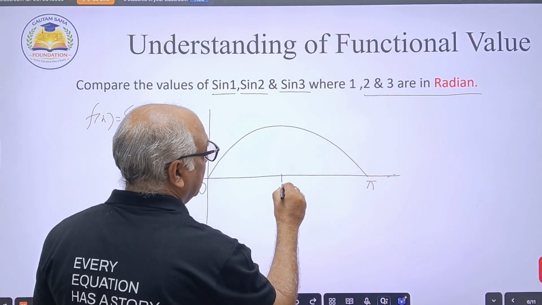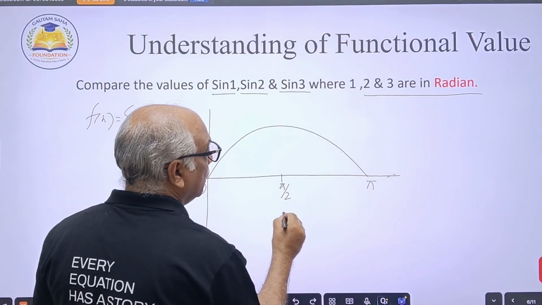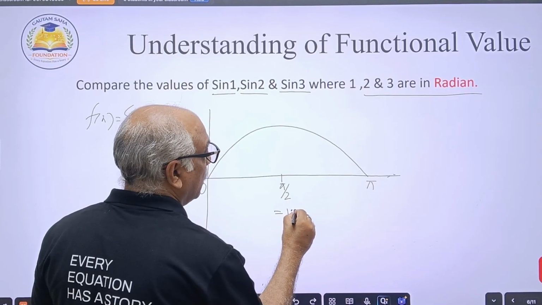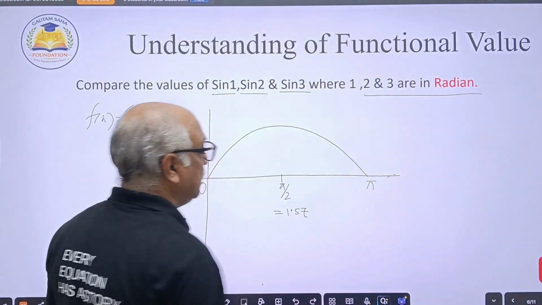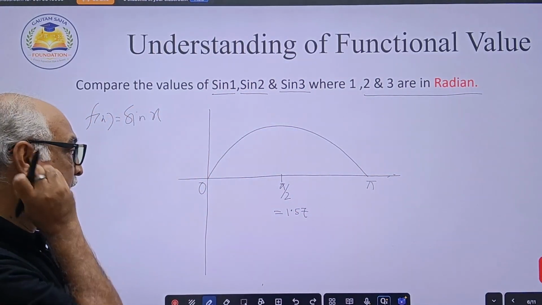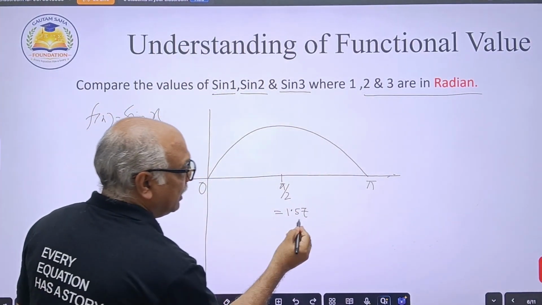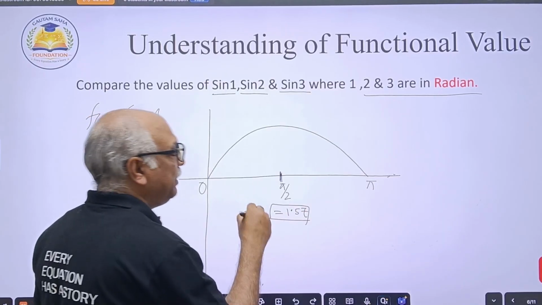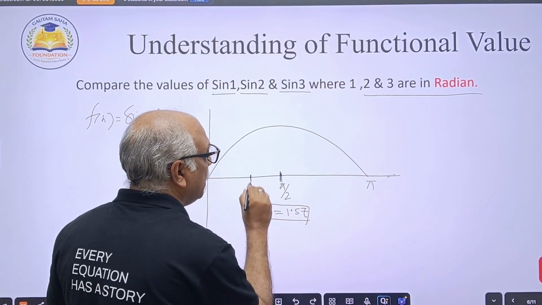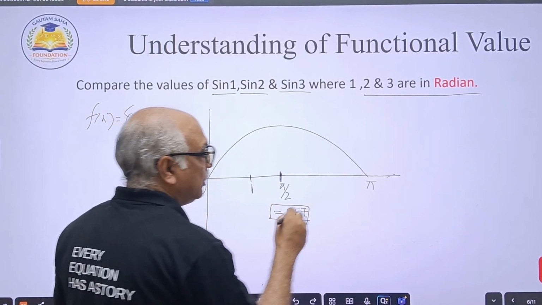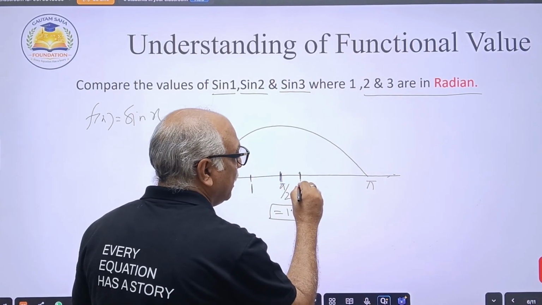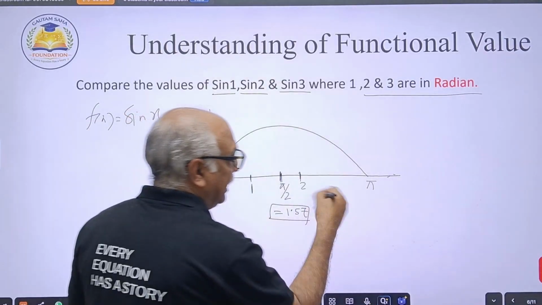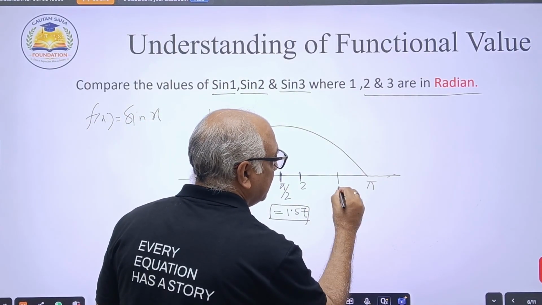In between, there is a value which is pi by 2, approximately equal to 1.57. Now, अगर ये 1.57 है तो 1 कहाँ पे होगा? Obviously 1 यहाँ पे होगा. 2 कहाँ पे होगा? Obviously 2 यहाँ पे होगा. And 3 is where? 3 is here.